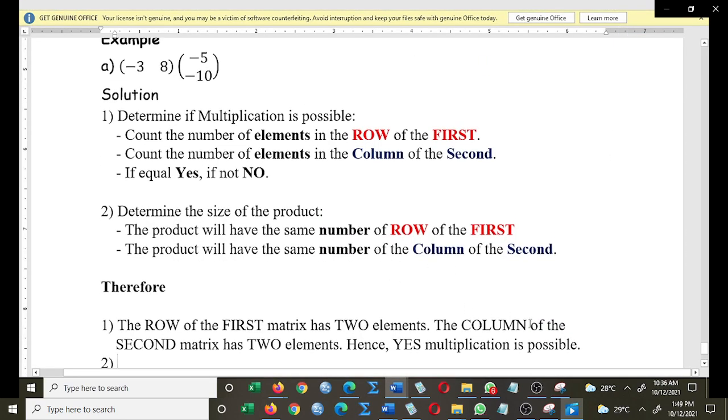So looking at the row and the column, matrix one is a 1 by 2. Try not to say it like that, you can get confused. Look, there we have it. The product will have the same number of rows as the first.